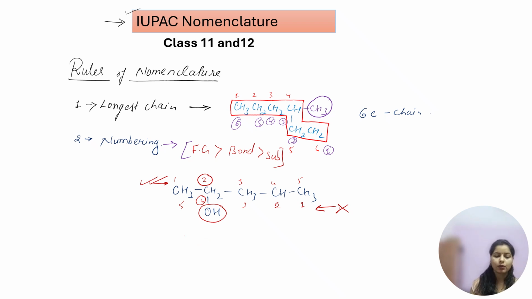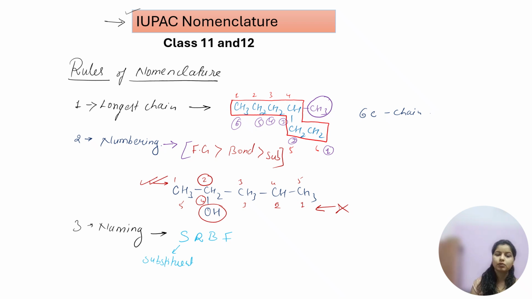Now you need to name it. Third point, naming. How is naming done then? First of all, for naming, you need to write what? First of all, you remember this RSBF. What does it mean? S is for the substituent.